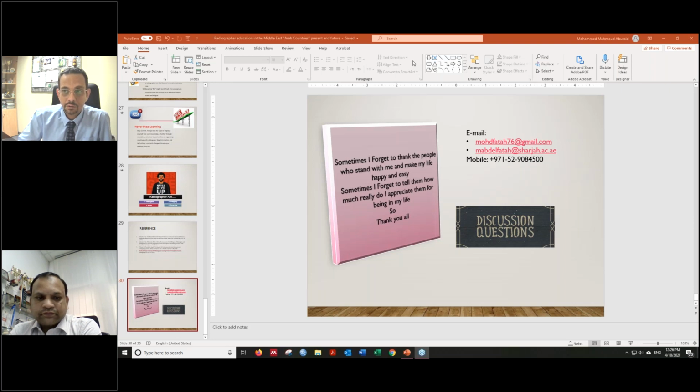Otherwise, we will end up with academic degrees and postgraduate degrees, but the work environment, the job descriptions, and the tasks of the radiographers are similar. So we should raise awareness, and we should always work with stakeholders, with associations, the radiographer association, and organizational bodies, to build the profession and the career.